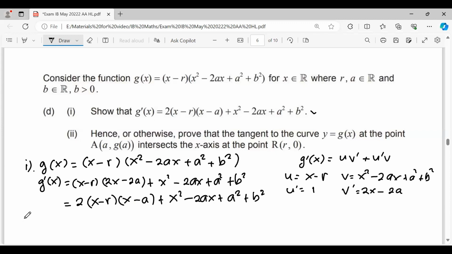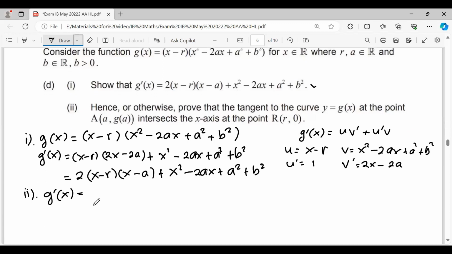Now the second one. The derivative of g is this, but we are going to find it if x equals a.